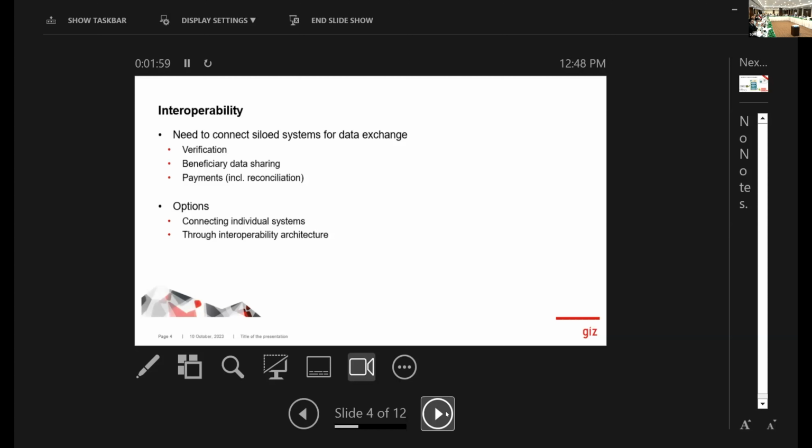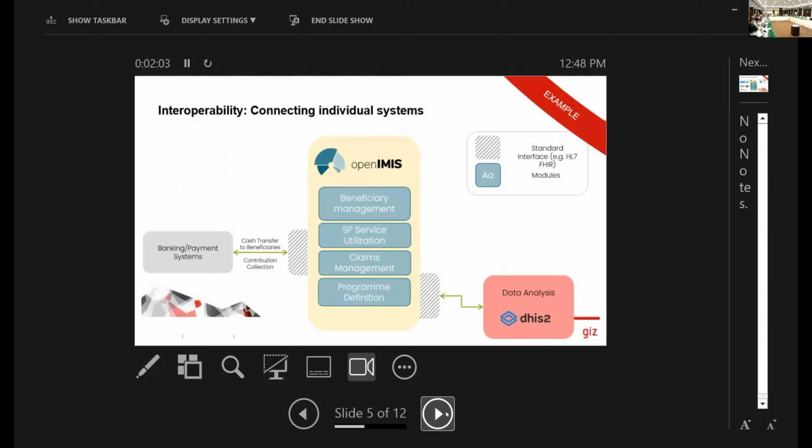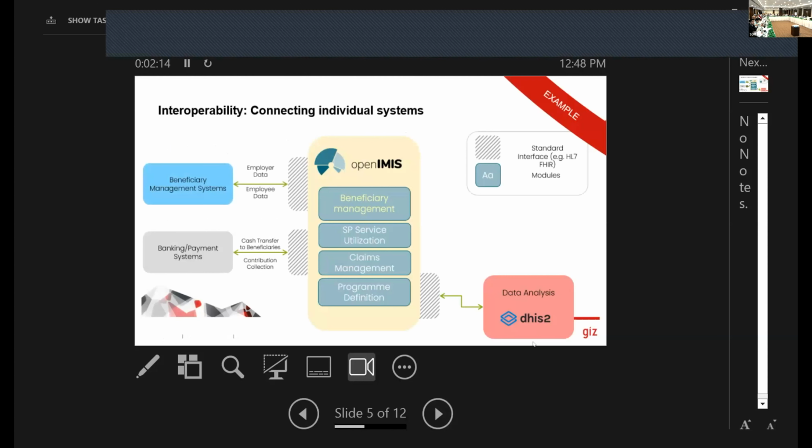So let's look at examples of either of them. The first one, when we're looking at connecting individual systems, if you can press through, there's a few animations, I guess. Next slide, please. If you just press there, thank you.